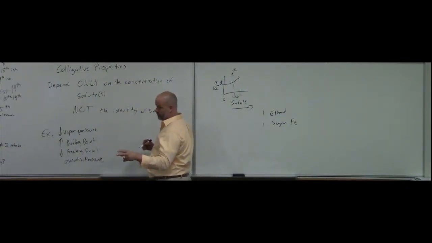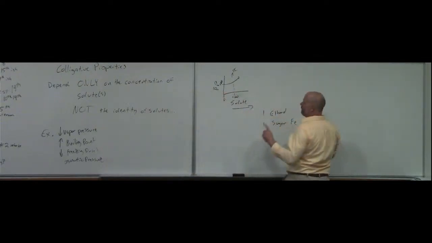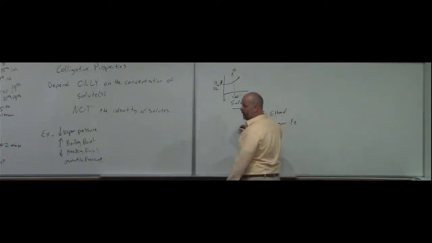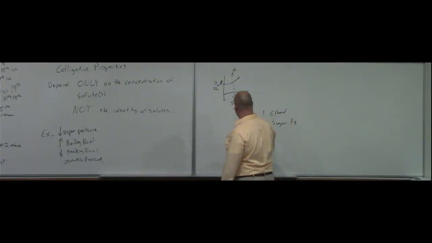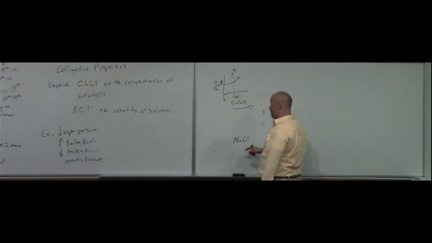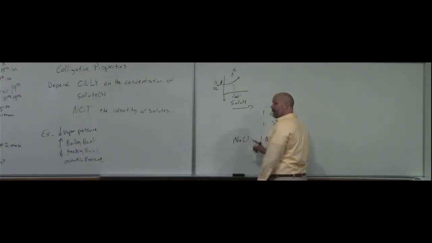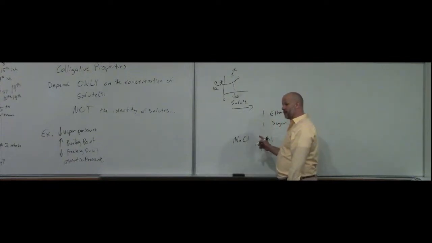That's true, kind of. If I added 1 mole of NaCl, I did not add 1 mole of NaCl. What I added was 1 mole of sodium and 1 mole of Cl, because this is ionic. It's going to ionize. It's going to dissociate.